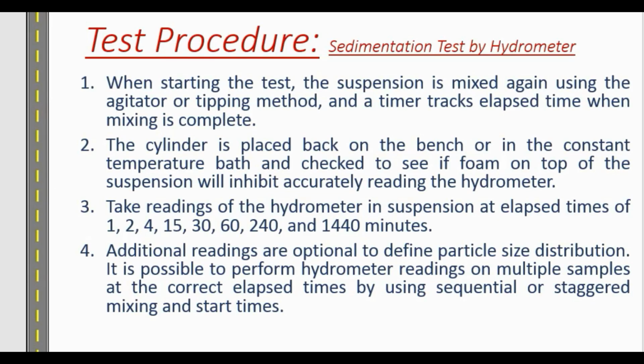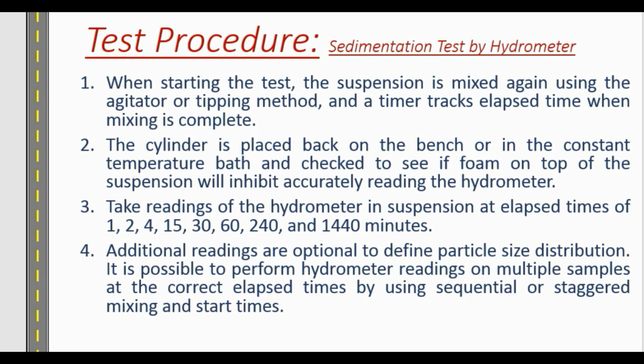Then the procedure. How we will perform the hydrometer test. First of all, as we discussed, we will prepare a soil specimen by using 100 ml water with 5 gram sodium hexametaphosphate and place our soil specimen into an agitation cup.